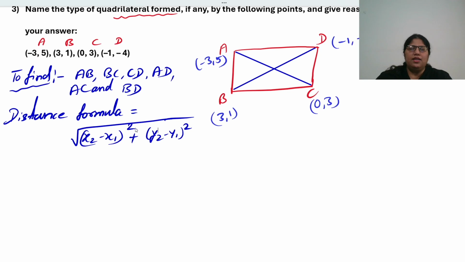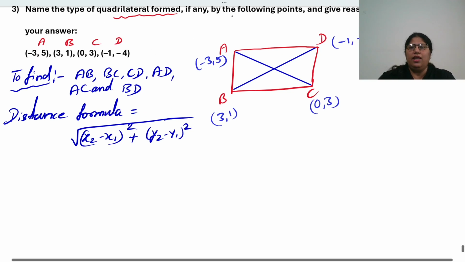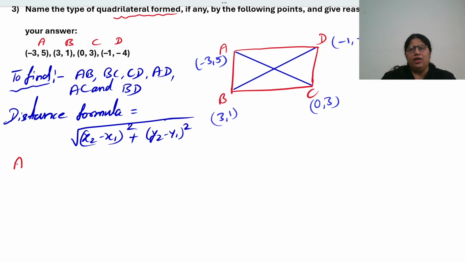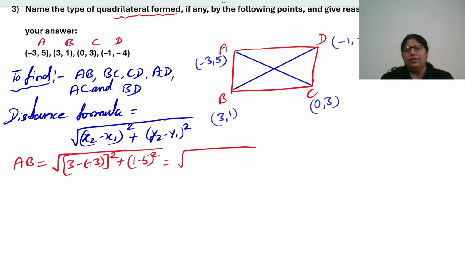So first let us start with the first length, the length of AB, right? Let us take AB, that is going to be here 3 minus of minus 3 whole square plus 1 minus 5 whole square. If you do the simplification of the bracket here, this negative and negative will become positive.